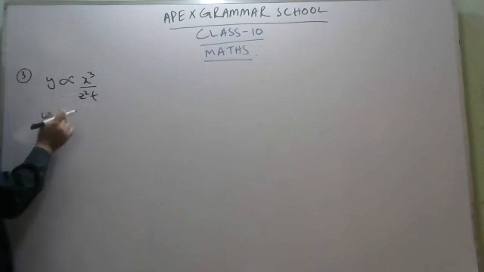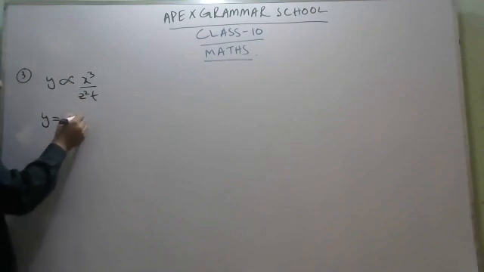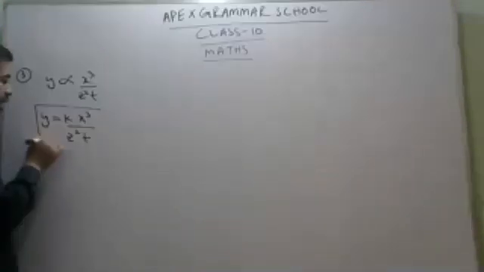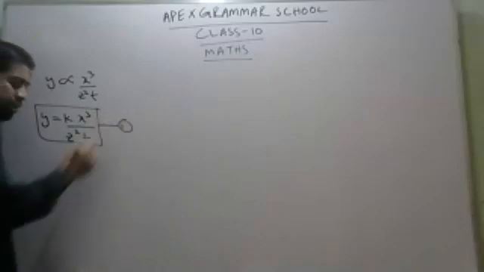Instead of directly proportional, you will write the equal sign: y = k x cube over z square into t. This will be your final relation.